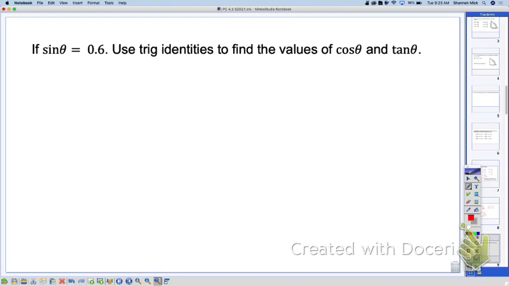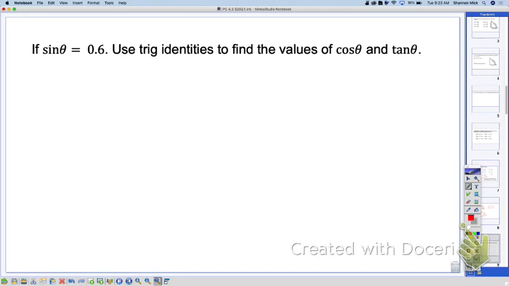Yeah, I think maybe we will. Okay, so when it says use identities, you have to show the identity that you're using. Does that make sense? And if I say all of them, we're going to have some reciprocals going on and stuff, right? So this is 0.6. We probably want to make that into a fraction, don't we? Okay, so 3/5.